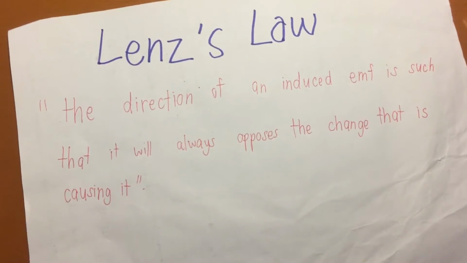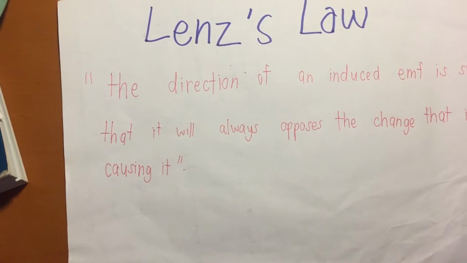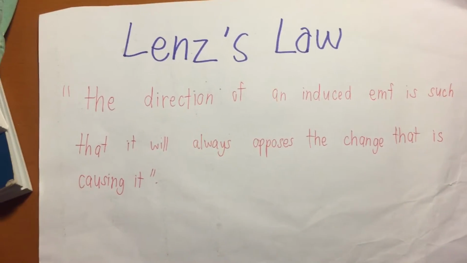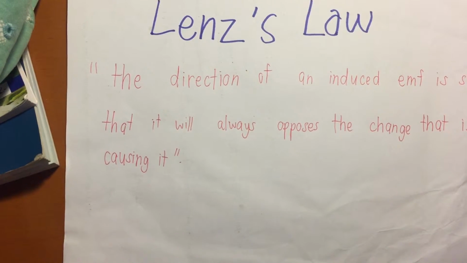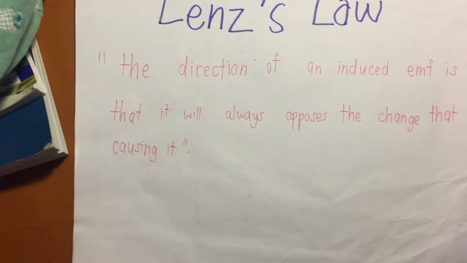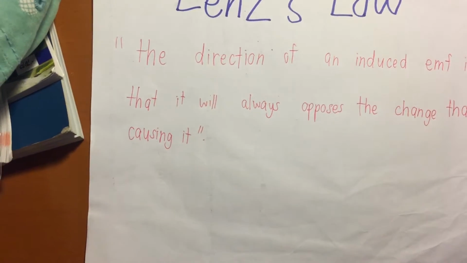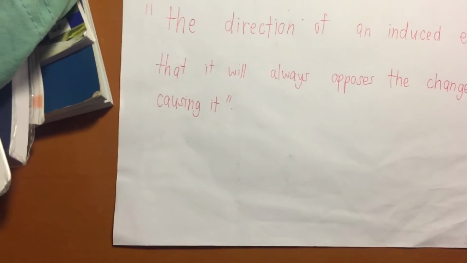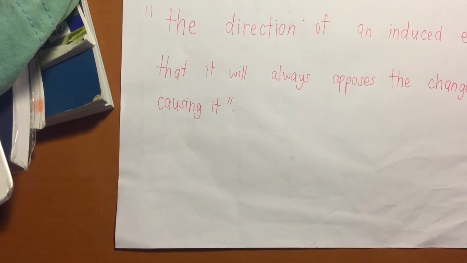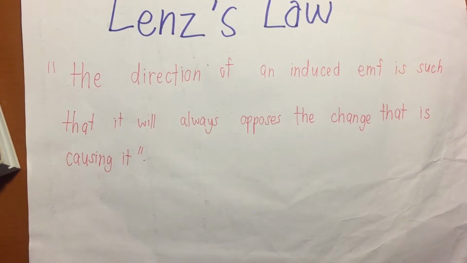Another topic is Lenz's law. Faraday's law tells us that inducing a voltage into a conductor can be done by either passing it through a magnetic field or by moving the magnetic field past the conductor, and that if this conductor is part of a closed circuit, an electric current will flow.